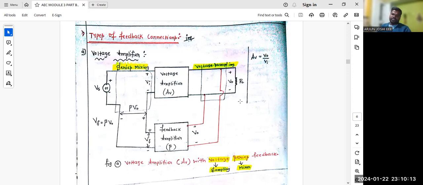How to do the connection, students? We all know the very simple concept: the mixer is on the input side, and the sampler is on the output side. That we should know first.